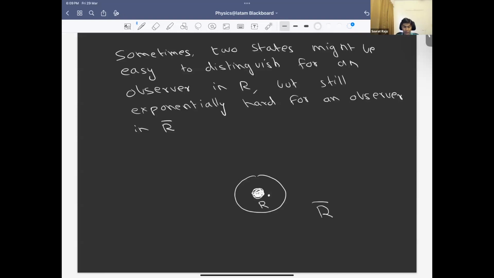However, the observer in R bar is not directly probing these observables. What they are doing is trying to reconstruct the overlap of the state G with all these different basis vectors that they have constructed. And the presence or absence of this dot might be pretty similar in terms of those basis vectors.